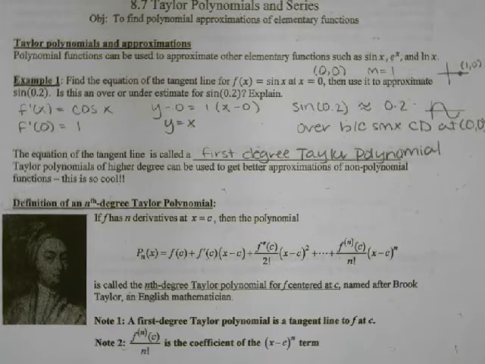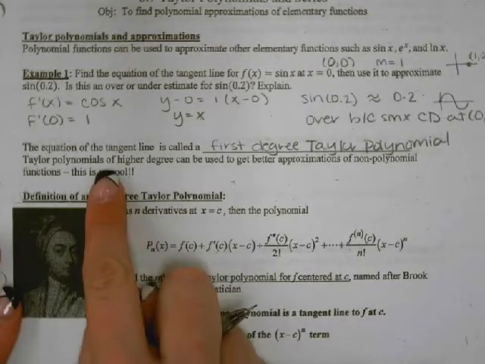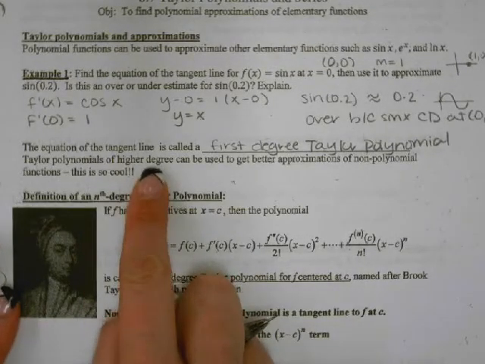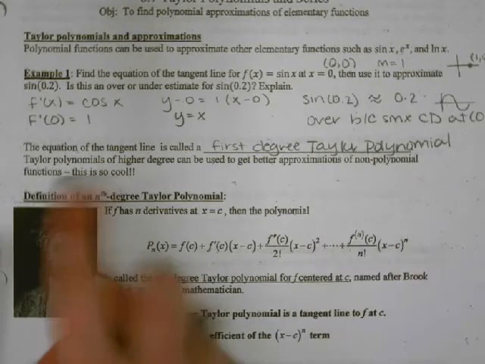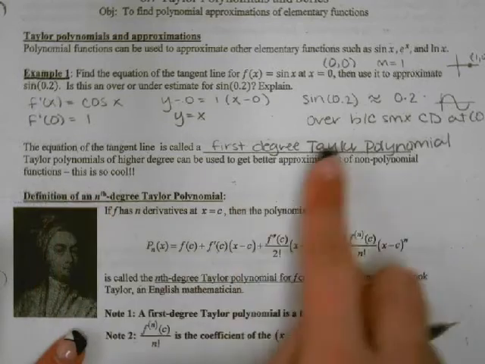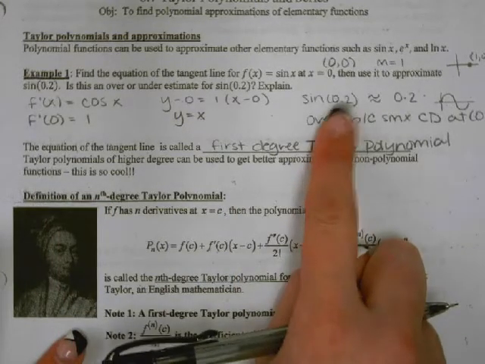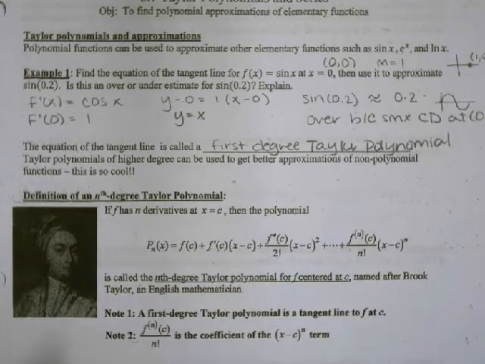So it says Taylor polynomials of higher degree. The higher your degree is, the more points you're taking into account, the more accurate your approximation is going to be for non-polynomial functions. So we're using a polynomial to predict what this cyclic function would tell us, and we're going to be able to use it for exponential and logarithmic functions and things like that.